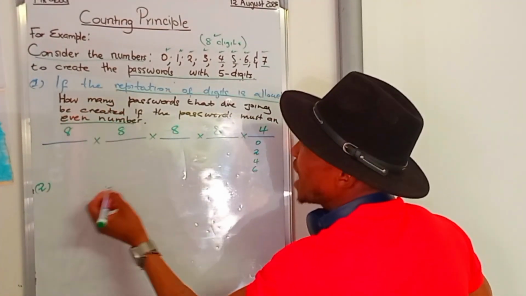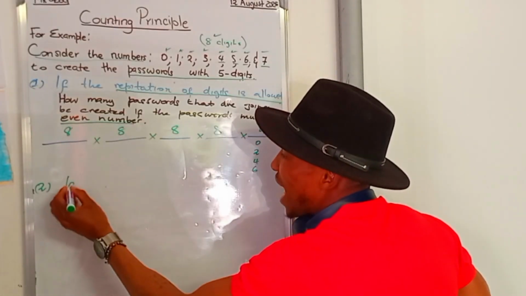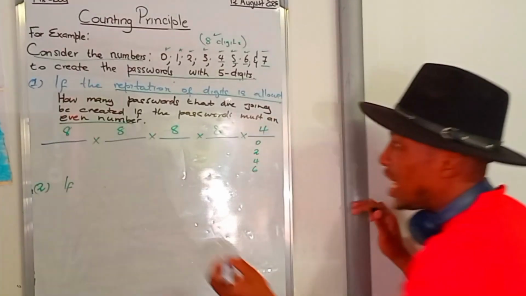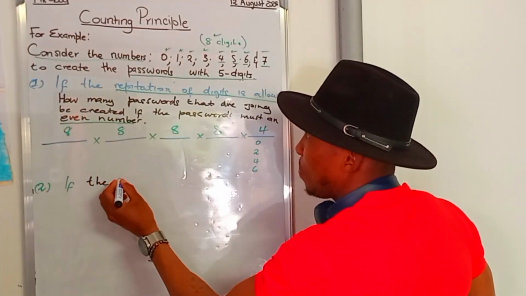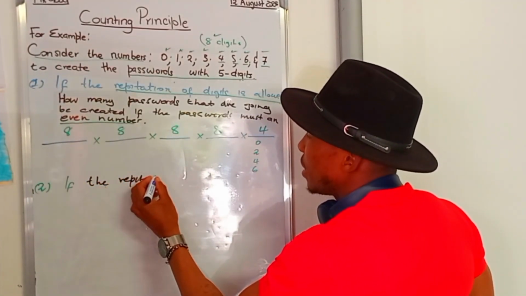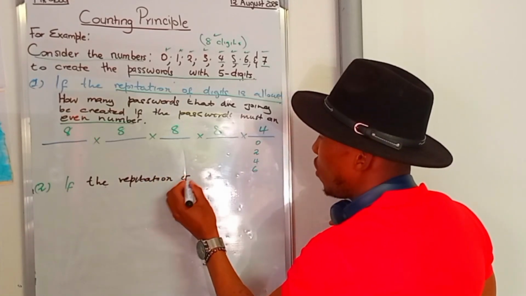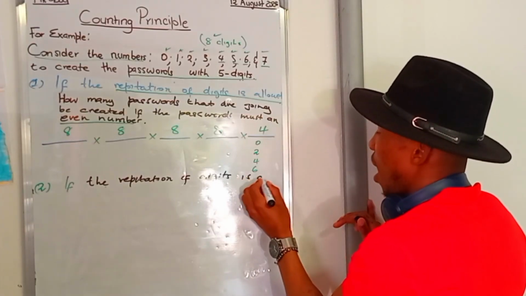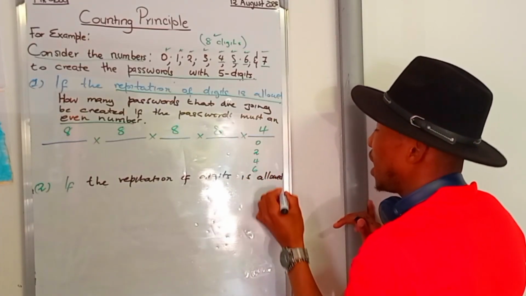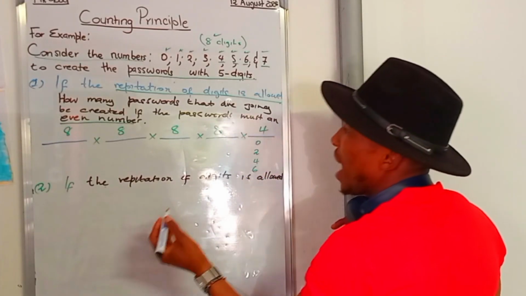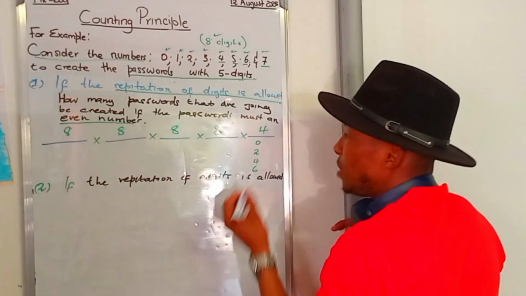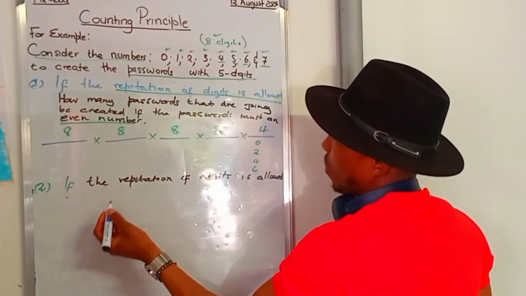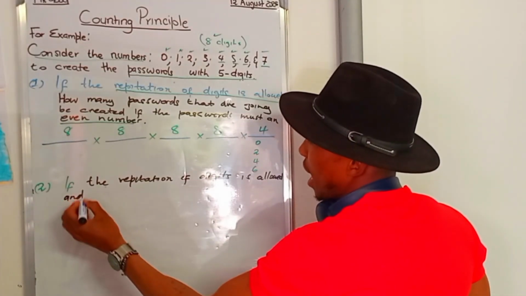All right, the homework. Go ahead and find, if the repetition of digits is allowed, and the password must be an odd number.